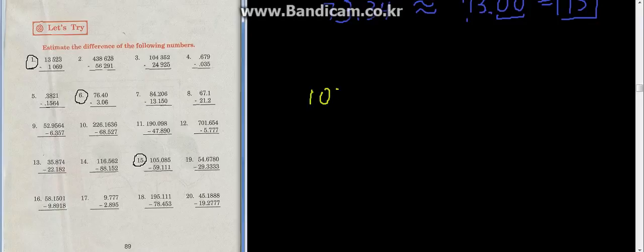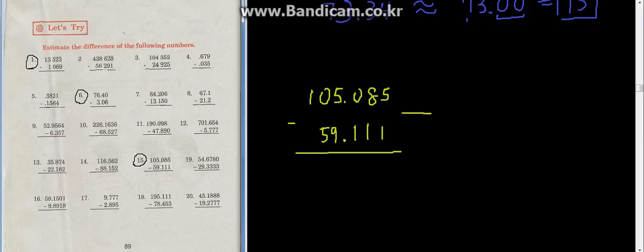Okay, let's go to number 15. We have 105 and 85 thousandths. Then you have to subtract 59 and 111 thousandths.